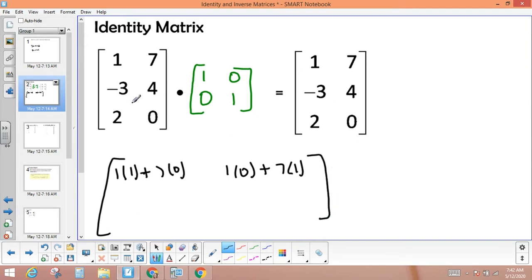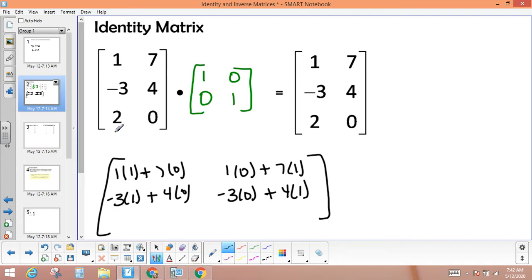When I do this row times this column, that's negative 3 times 1 plus 4 times 0, so that gives me the negative 3. Then that row times the second column: negative 3 times 0 plus 4 times 1, so that's 0, that's 4.